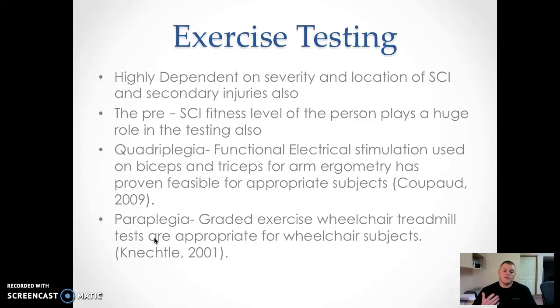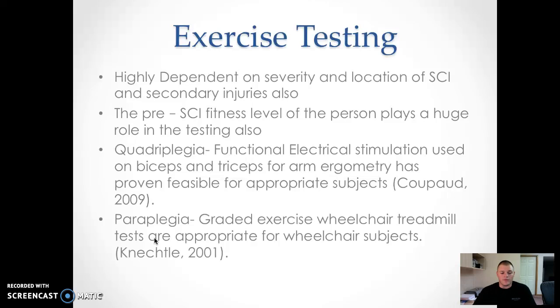A study was done with quadriplegic patients, and with the use of electrical stim, they were able to do arm ergometer as an appropriate fitness test. Paraplegics, mostly athletes, you could give them a graded exercise test with a wheelchair on a treadmill.